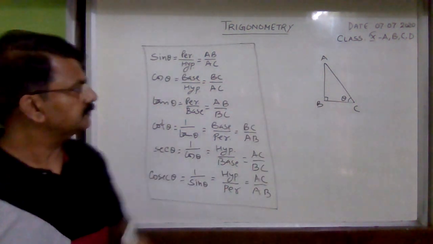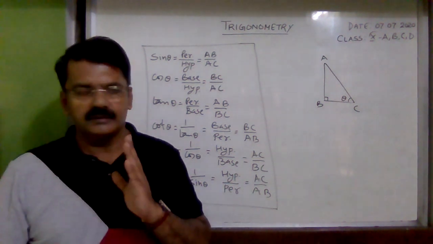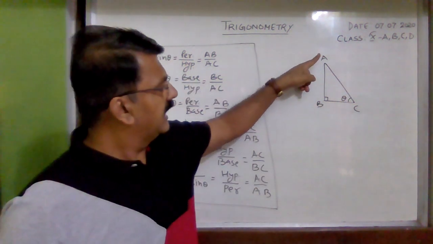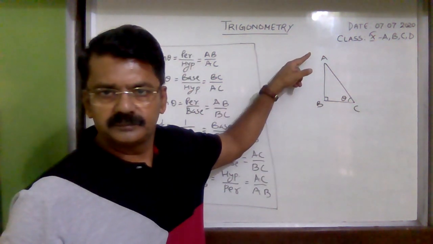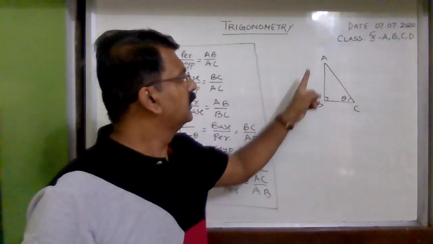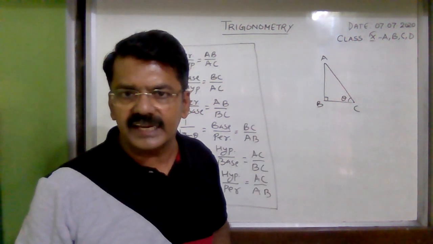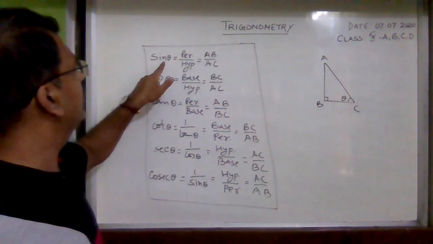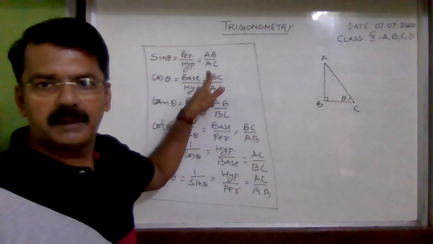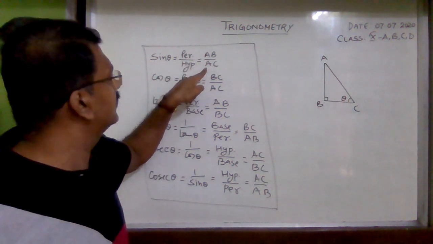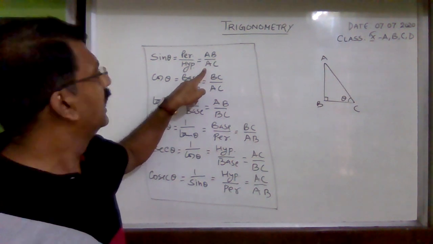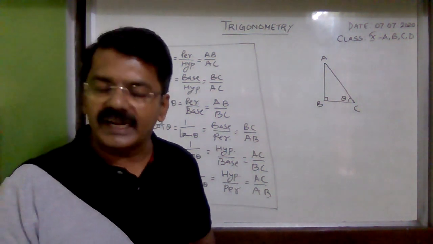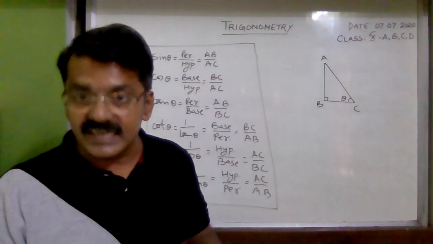Now one thing you must notice: in triangle ABC, or in any right angle triangle, the hypotenuse is the longest side. That means AB is less than AC and BC is also less than AC. Here sine theta is AB upon AC, so the numerator is always smaller than the denominator. In any fraction, if the numerator is less than the denominator, the fraction is less than 1.